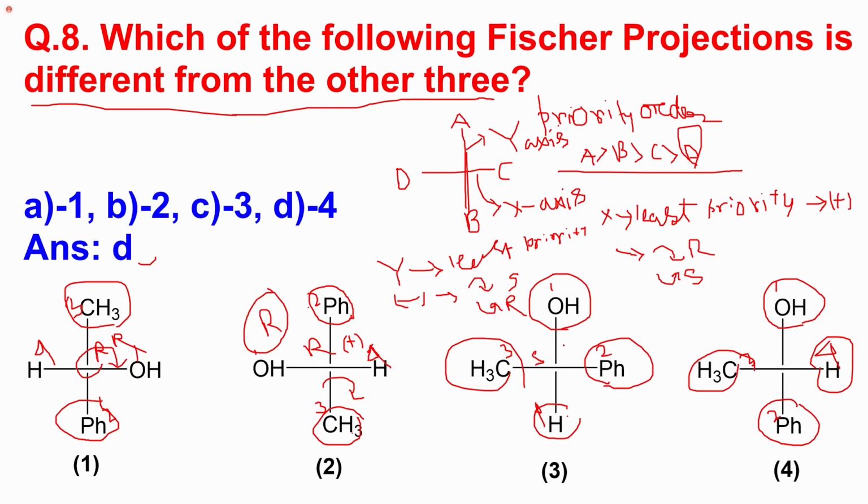Now the third one: OH is 1, pH is 2, and CH3 is 3. So now 1, 2, 3, and 4 is on the y-axis. If it is on the y-axis, then it will follow the negative rule, right? If it is a negative rule, then clockwise means S, anti-clockwise means R. So let's see: 1, 2, 3 is a clockwise rotation.